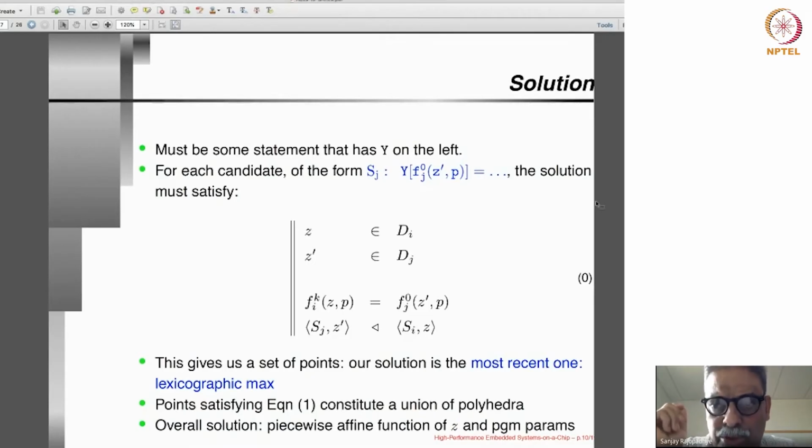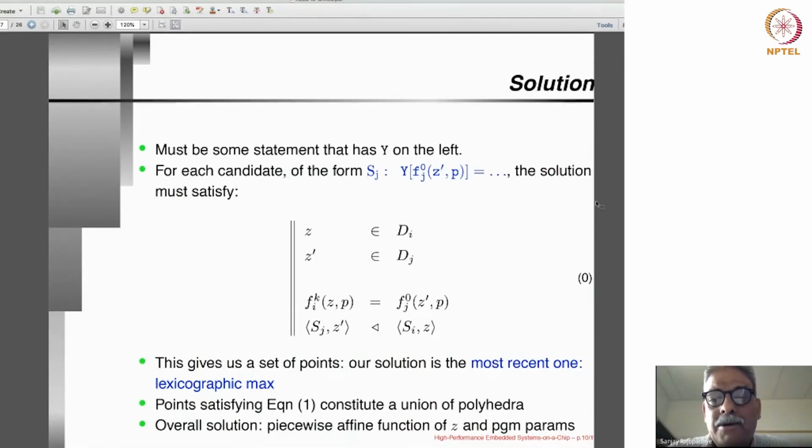The first two constraints that all my indices must satisfy are the following. First of all, my z must belong to the iteration space of the statement Si, and z prime must belong to the iteration space, the domain, of Sj. These are linear inequalities that must be satisfied by these sets of indices. I have two sets of indices, the indices of statement Si and the indices of statement Sj.